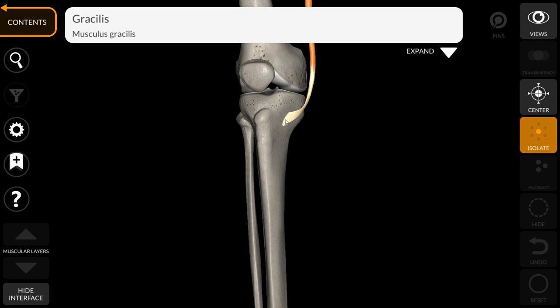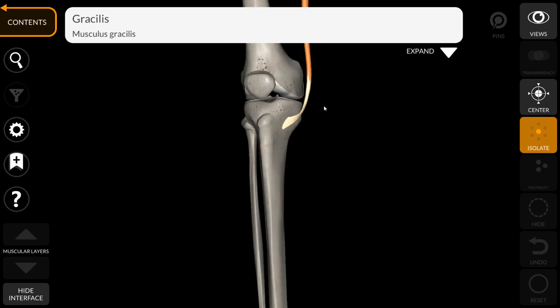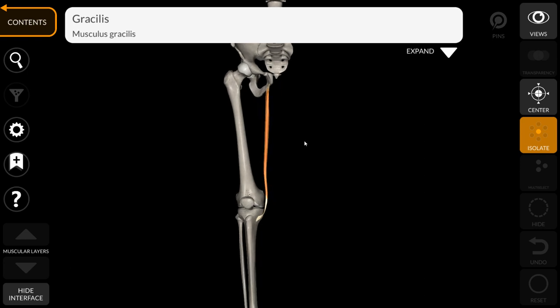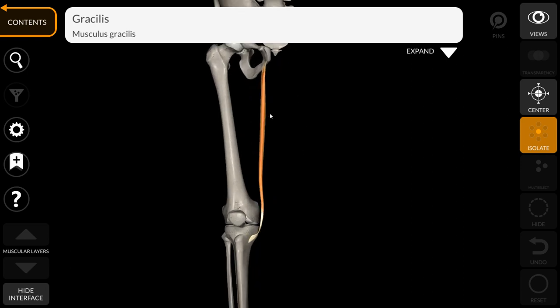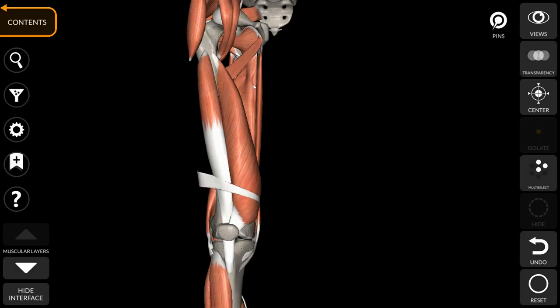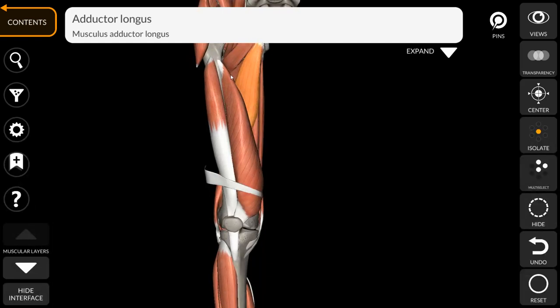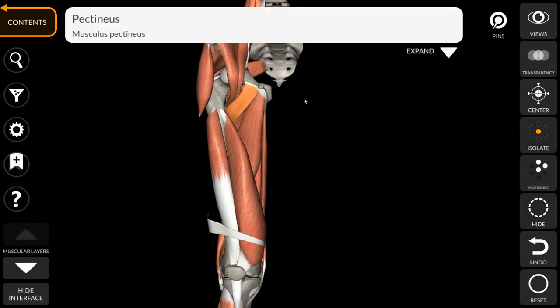Inferior surface of the medial condyle of the tibia. Same spot as sartorius, same spot as semitendinosus, class. Right, so now we have completed four muscles: gracilis, adductor brevis, adductor longus, and the most superior, basically your pectineus, class.